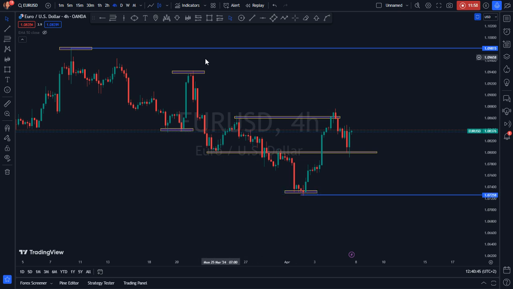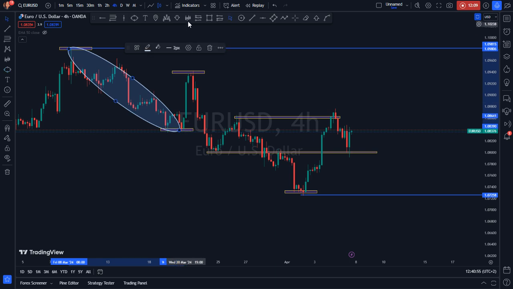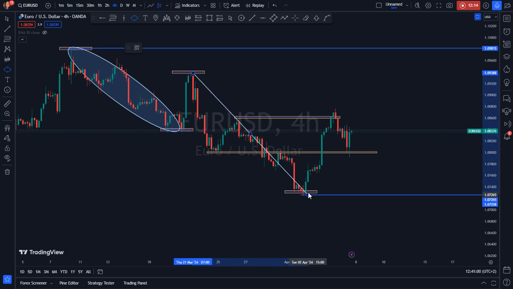This lower low has nothing to do with this time frame structure. Let me highlight it so that you can see the difference. Maybe this is an impulsive move, and then this is another impulsive move.